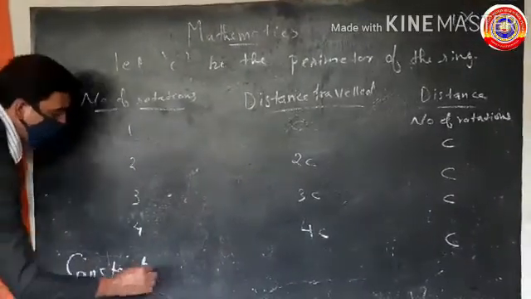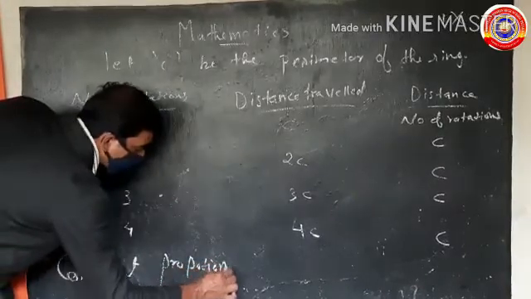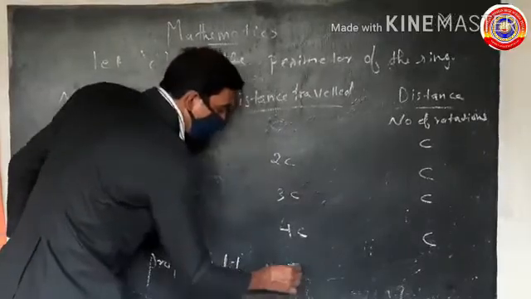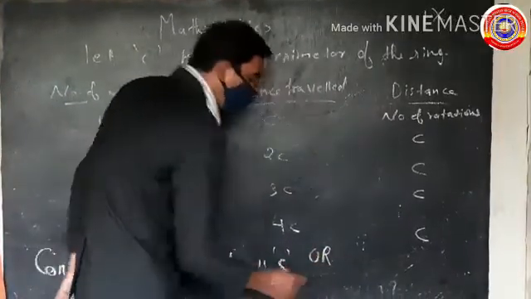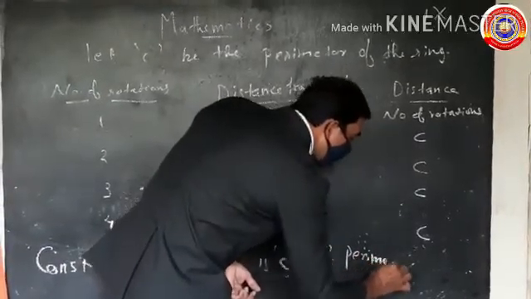Here, the constant of proportionality is C, or the perimeter of the circular ring.